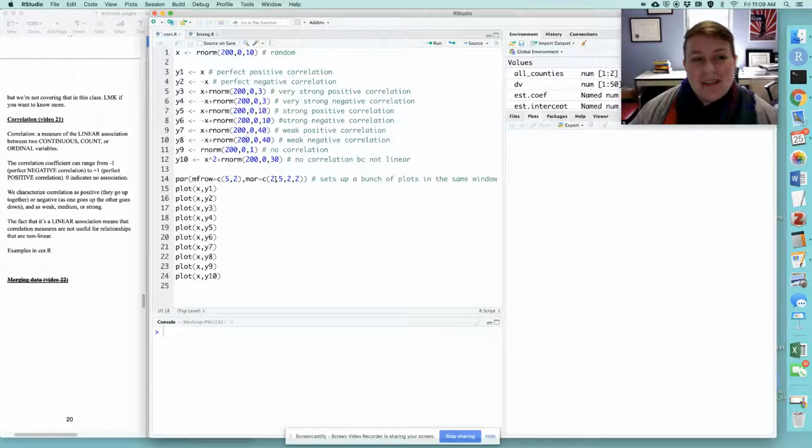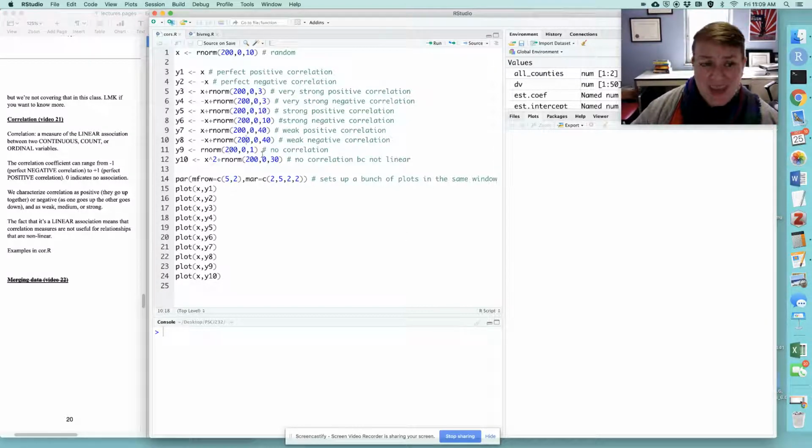And then the last two are non-correlated variables. y9 is a completely independently produced random variable, so it should just make a cloud. y10 has a strong relationship to x.